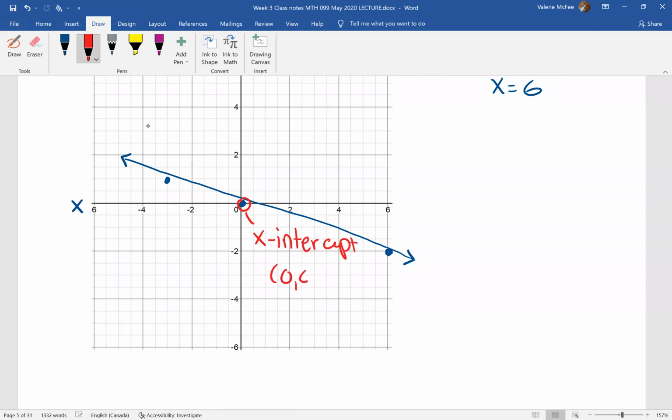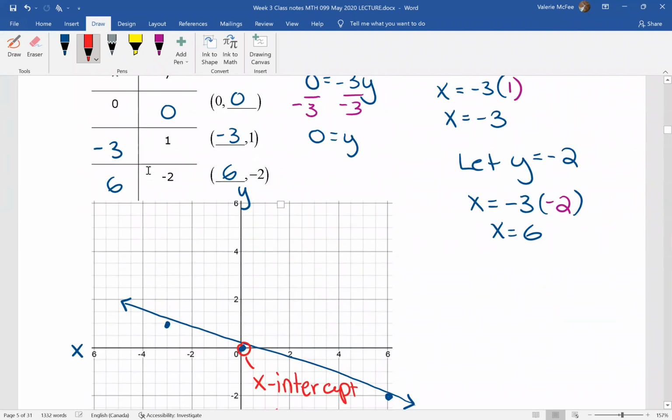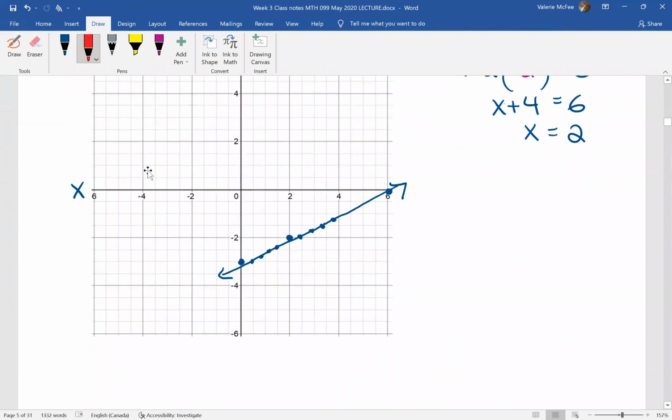This is the ordered pair 0, 0. Another x-intercept. The ordered pair here is 6, 0.